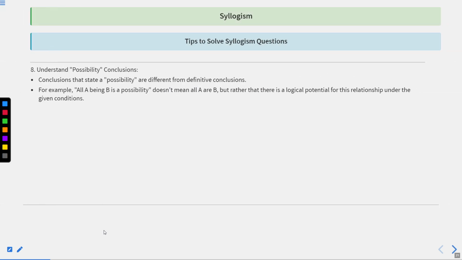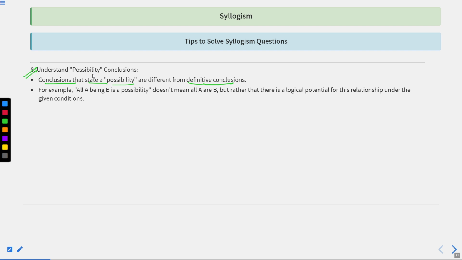Okay, now understand possibility conclusions. Conclusions that state a possibility are different from definitive conclusions. This is a very important point because possibility is often mentioned in the conclusion, and once the word possibility is there, students get confused about whether it is possible or not possible.